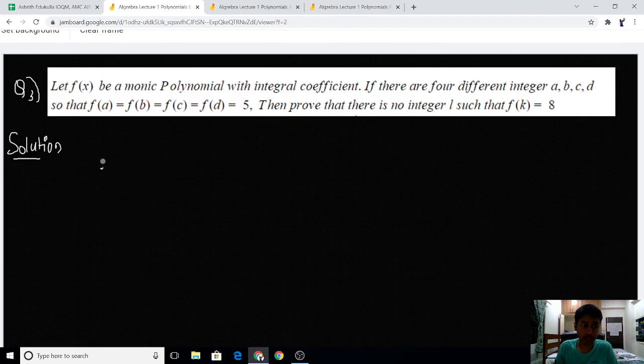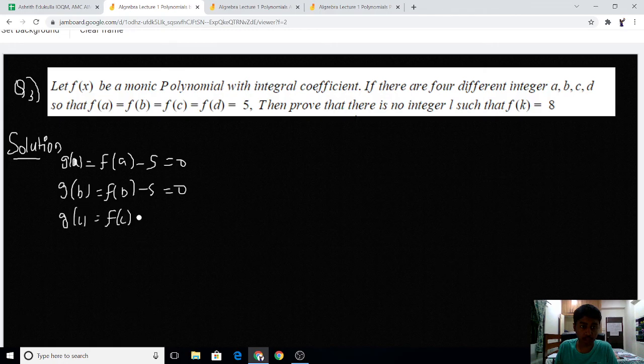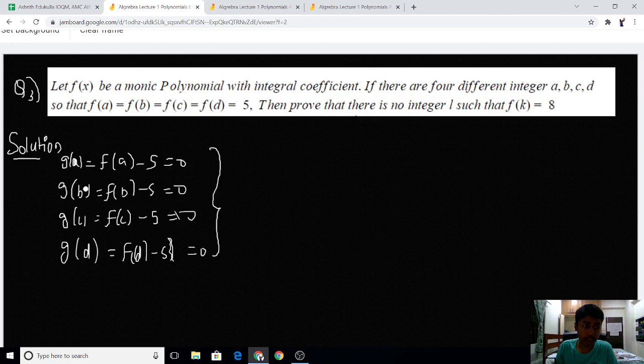Let me consider g of a equals f of a minus 5 equals 0. g of b equals f of b minus 5 equals 0. g of c equals f of c minus 5 equals 0. g of d equals f of d minus 5 equals 0.